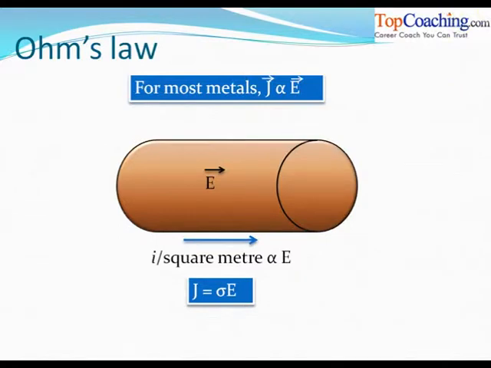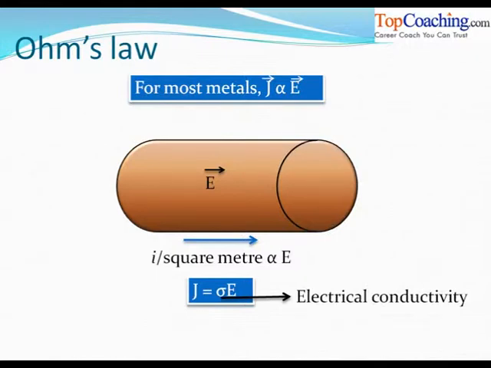The proportionality constant is generally termed sigma, and so J is sigma E. Sigma is called the electric conductivity of the metal, and this expression J is sigma E is called Ohm's law. Of course, you must remember this expression as it is fundamental to our study of electric current.